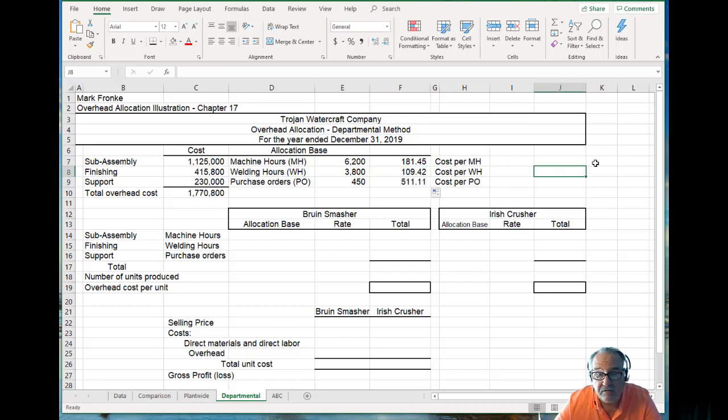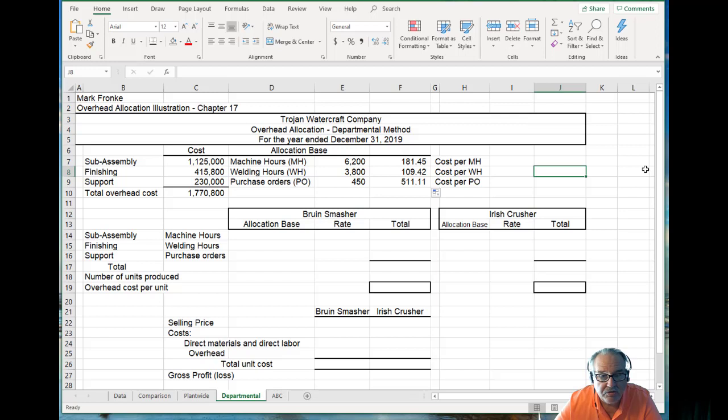So I get $109.42 per welding hour in the finishing department, $511.11 per purchase order in the support department.